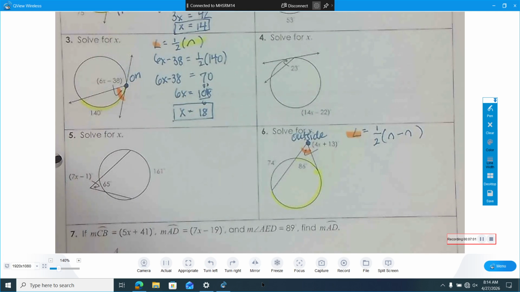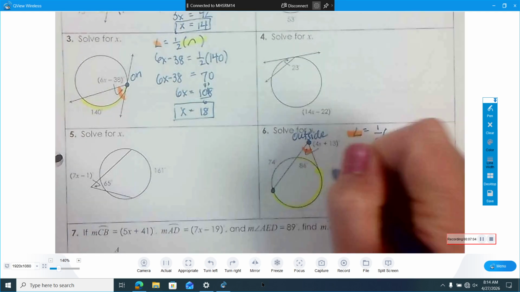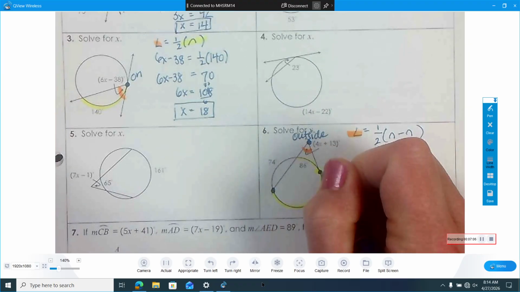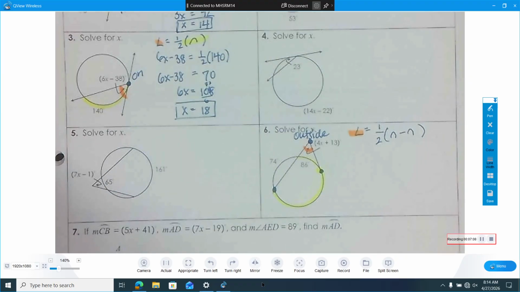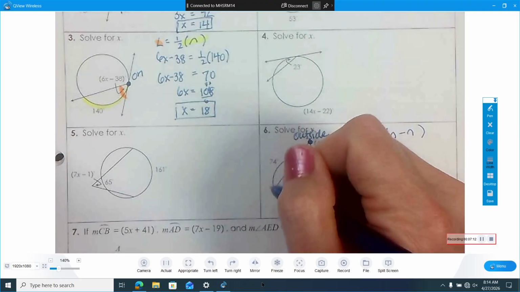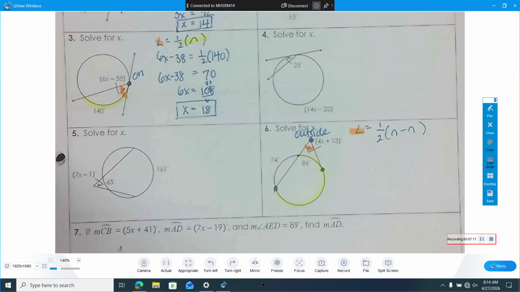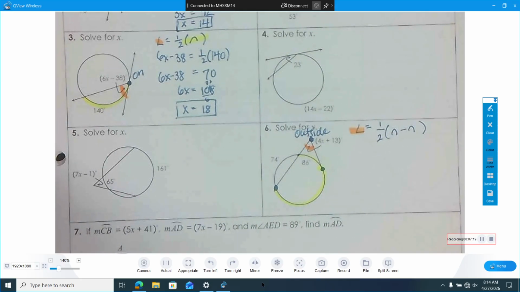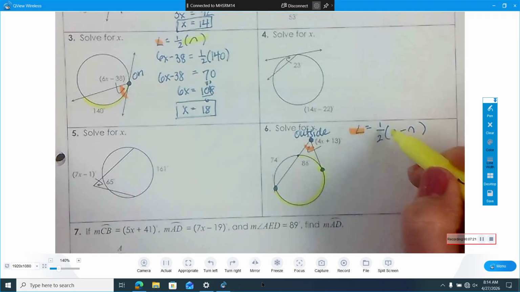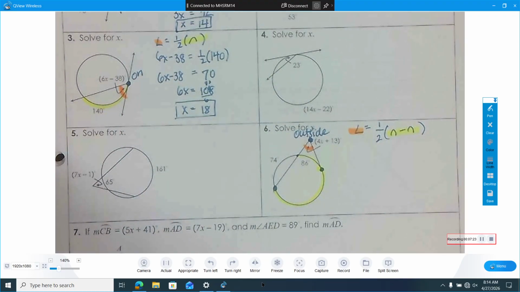So I need to do some thinking here because the arc that I need is right here. I have 74 degrees, which goes on this side, but that 74 is not helpful to me right now. So what should I do? 4x plus 13 equals 1/2 of 86 minus x. Nope.